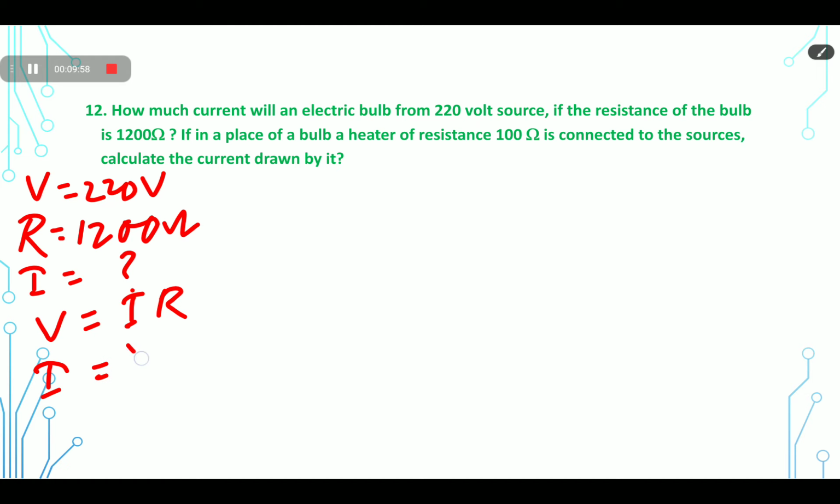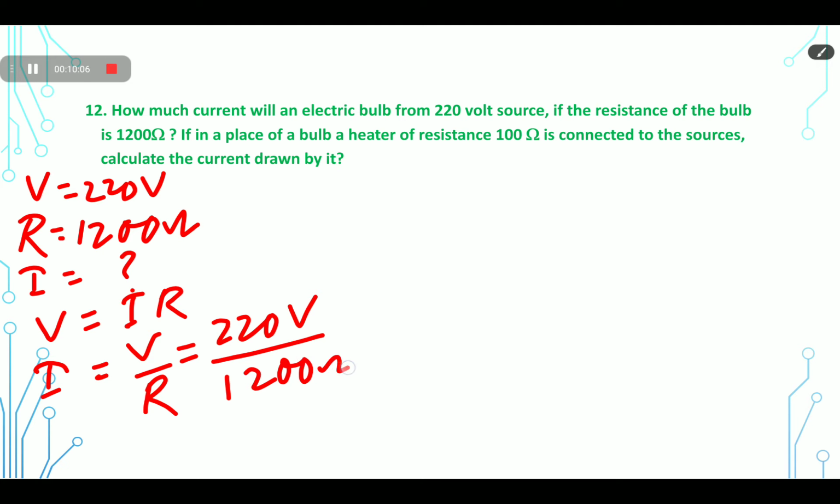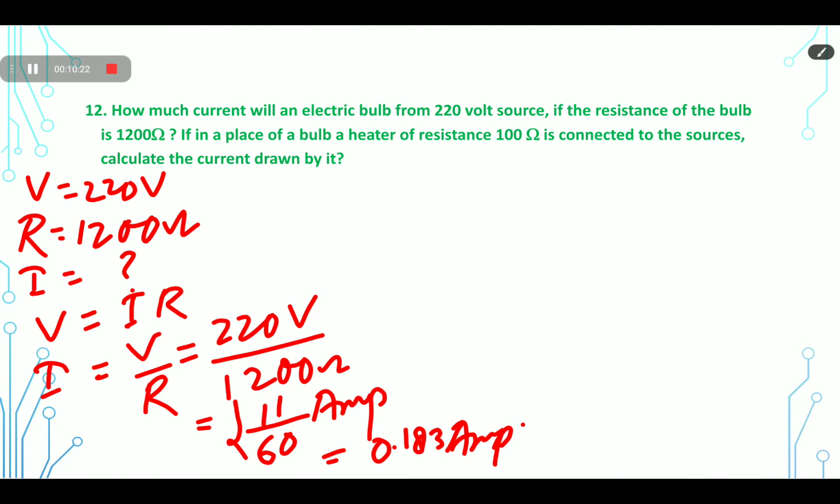That means I is equal to V by R. Here V is equal to 220 volt and the resistance is equal to 1200 ohm. So if we solve it, then we will simply get that it is 11 by 60. We are finding ampere and 0.183 amperes. This is the solution. You have to calculate this actually.